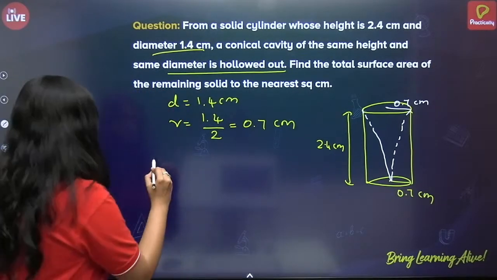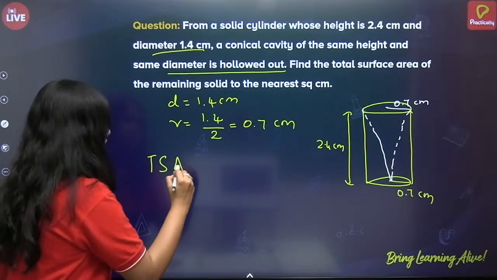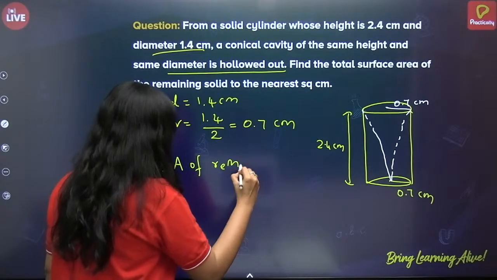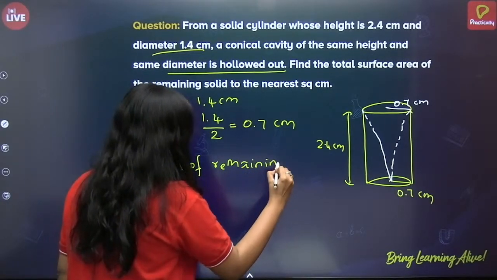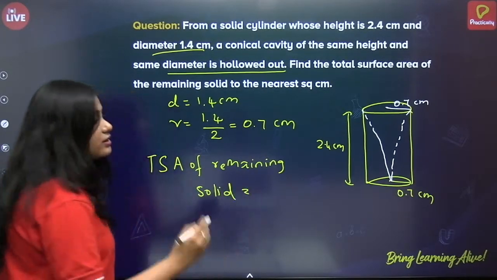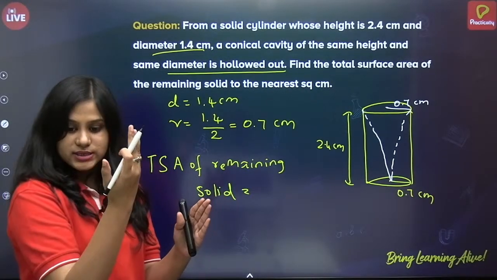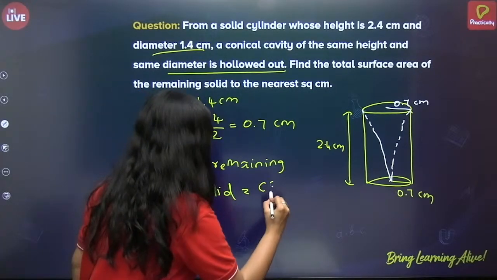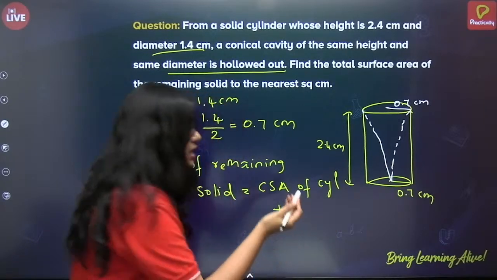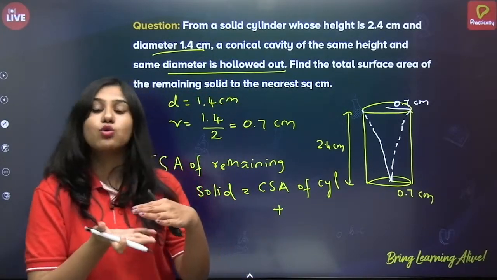So now we'll do it. TSA or total surface area of remaining solid. What is it? Curved surface area of cylinder. So CSA of cylinder, alright, plus the area of the base. What is the base?